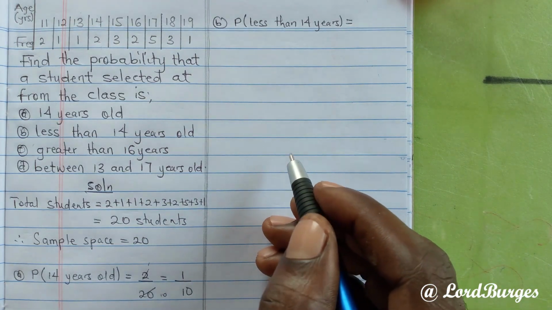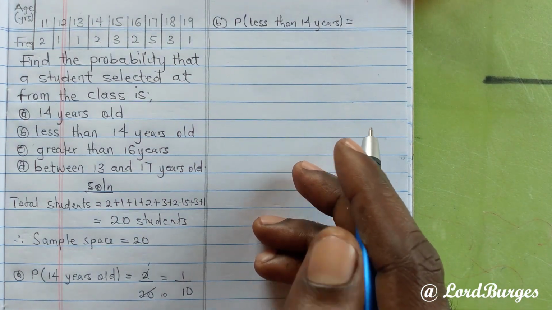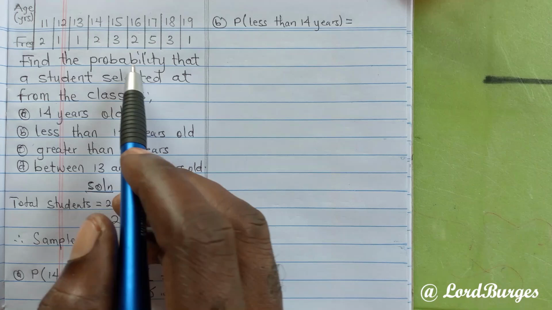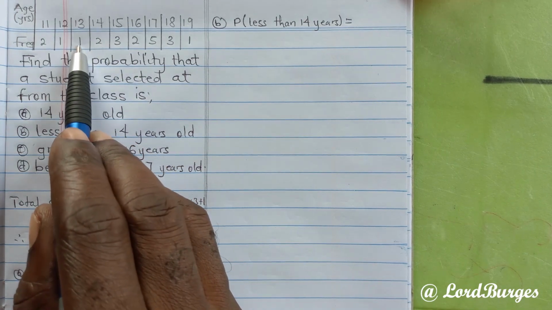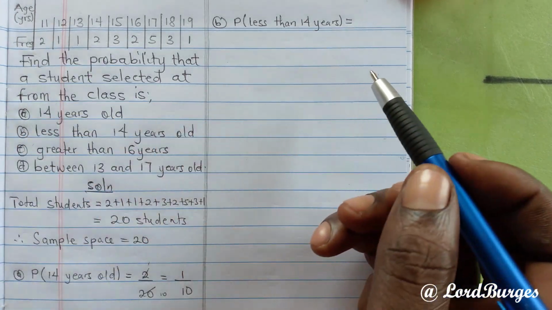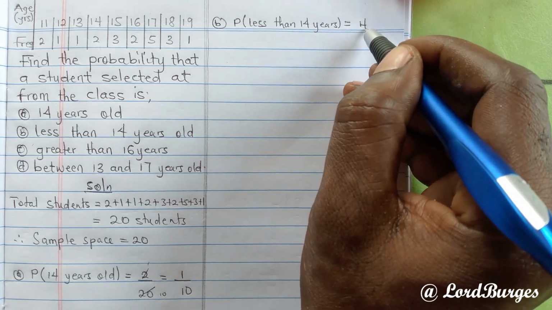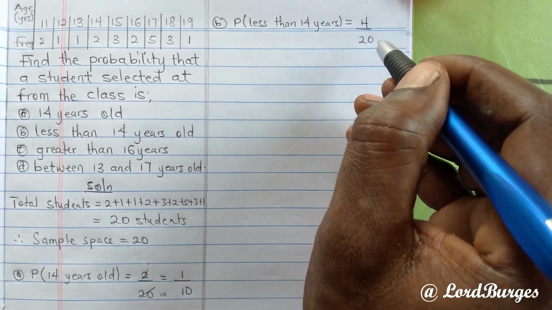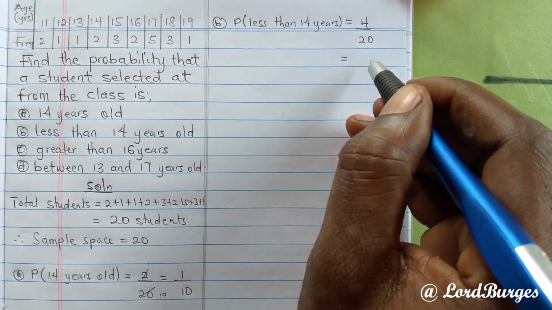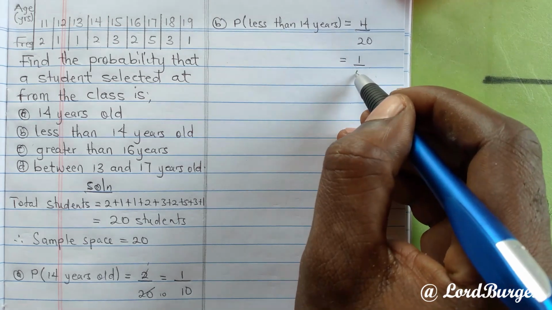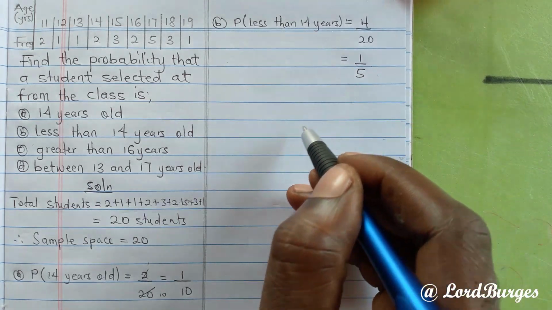So looking at what we have over here, how many students are less than 14 years? We should be having 1 plus 1 plus 2, giving us 4 out of the 20. When I reduce this, I should be having 1 over 5.